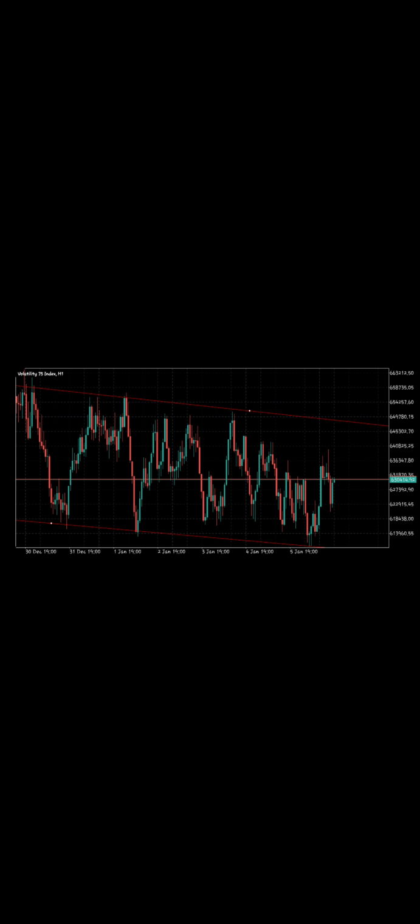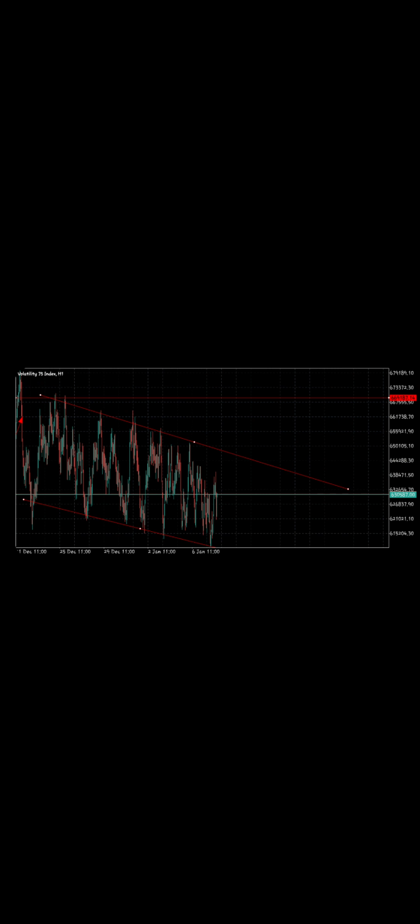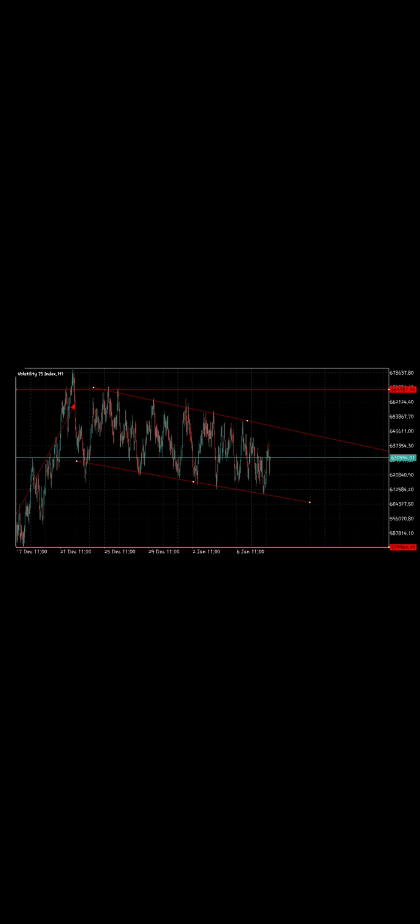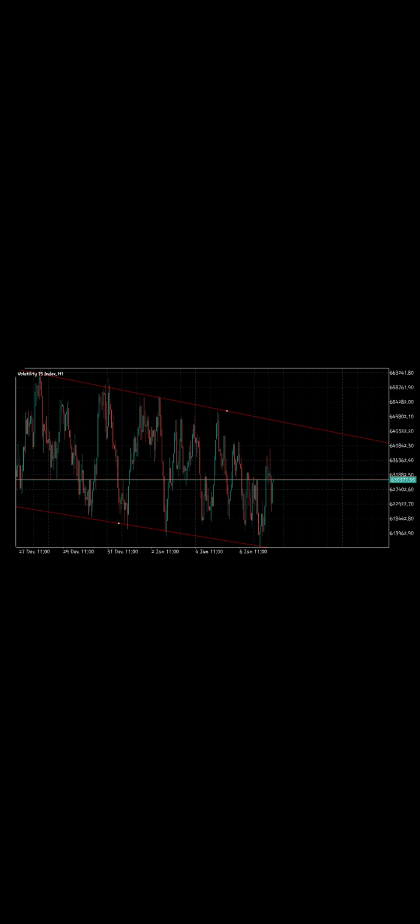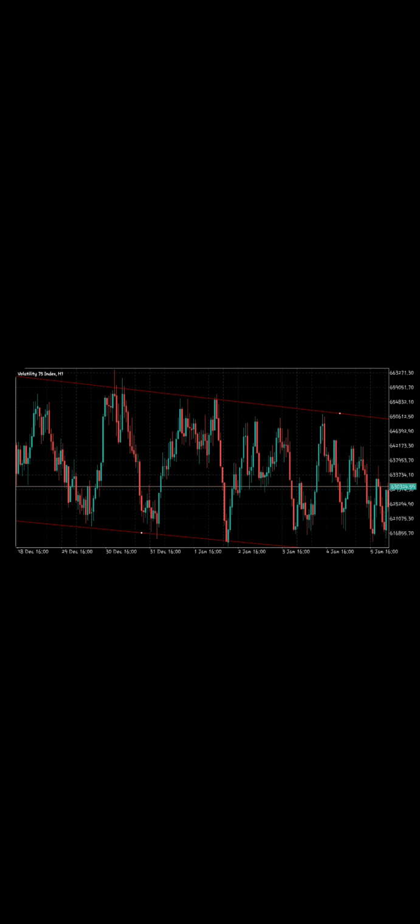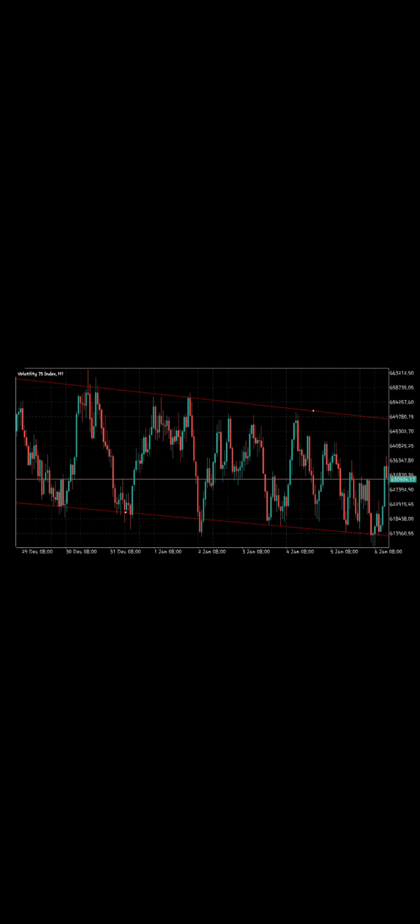So where there's a body and where there's a lot of candle touching the line, but note that this is an area, guys. So this doesn't mean that it didn't bounce back here, guys. This is an area, so it's an area maybe from here to here. It's an area, but use the bodies to mark your trend line, because it will be easy for you to know where the price changed and everything.